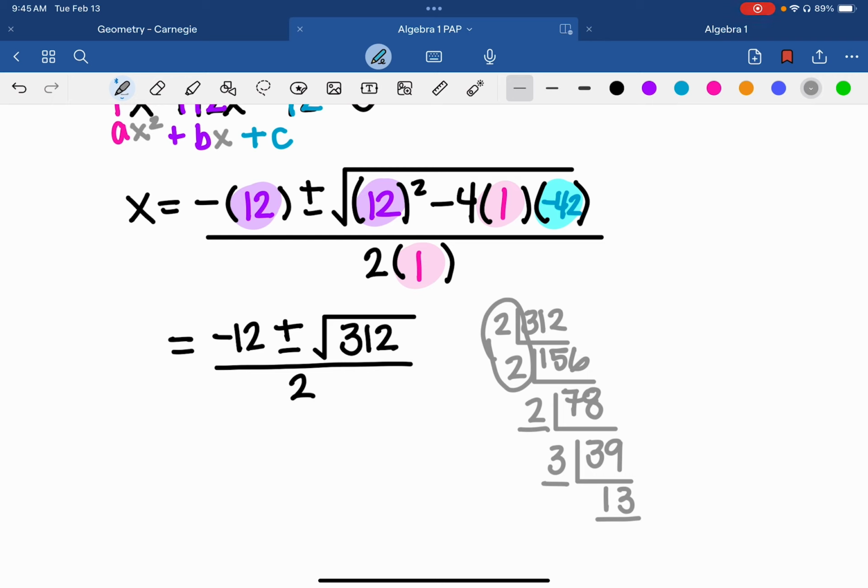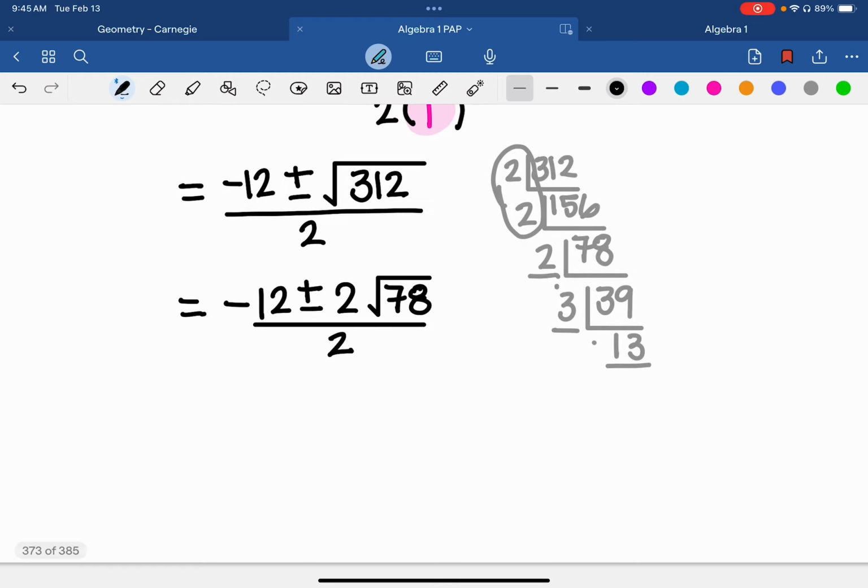So I need to do 2 times 3 times 13, which should be 78, because that's this number right here inside the box. All right, so my prime factorization gives negative 12 plus and minus, the 2 comes out, square root 78, divided by 2.